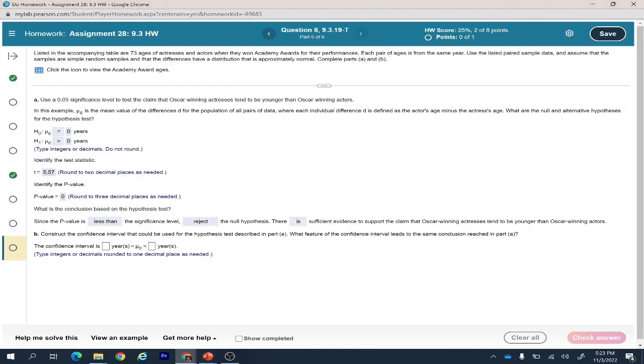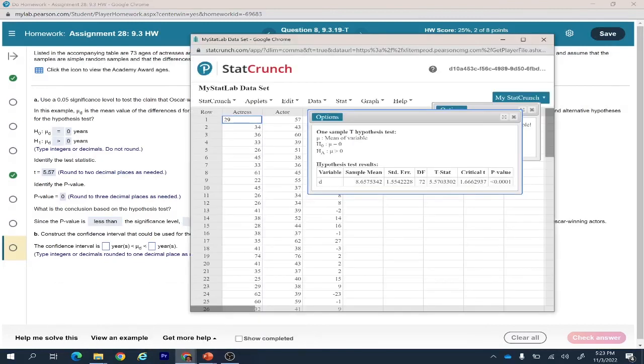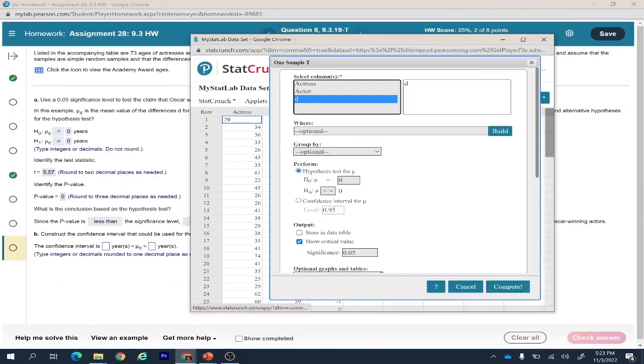For finding the confidence interval, go back to StatCrunch again, click the option Edit, and there is an option for confidence interval. To find the confidence interval, you have to set the level as 1 minus 2 times alpha. Look at here, alpha is 0.05, 2 times alpha is 0.1, so 1 minus 0.1 gives you 0.9.